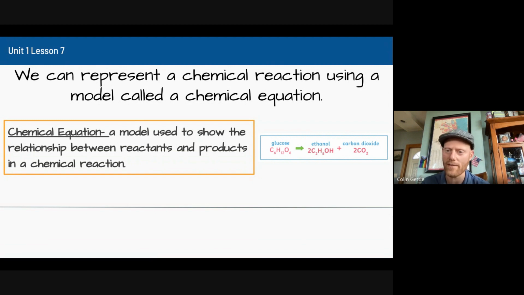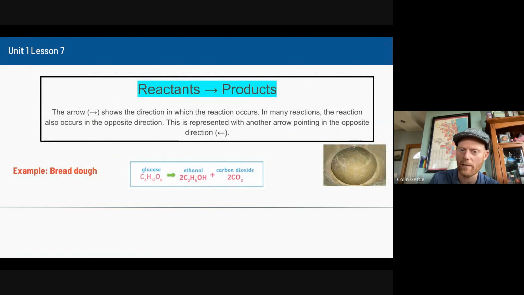In this slide, we have an example of bread rising, the chemical reaction that causes bread to rise. So you have yeast and water and flour. What specifically you have in that is glucose, a type of sugar. The yeast eats that type of sugar, and through a chemical reaction, it creates ethanol and carbon dioxide. So the glucose is the product or the reactant, and the ethanol and carbon dioxide are the reactants.